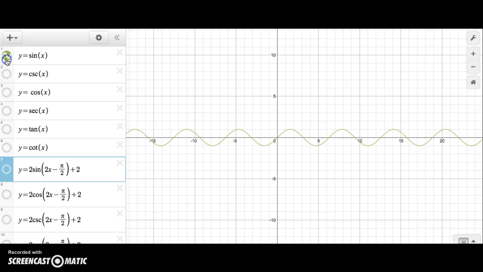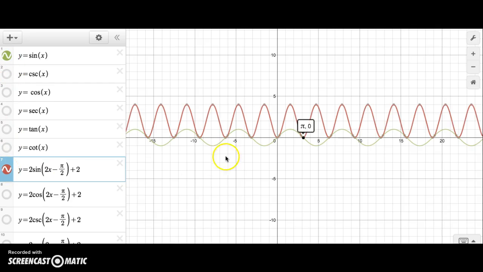So, this is our normal sine graph. This is a sine graph with all of those things incorporated. This 2 here is your amplitude. You use this to find your period, sorry. You use this to find your phase shift and this to find your horizontal shift.